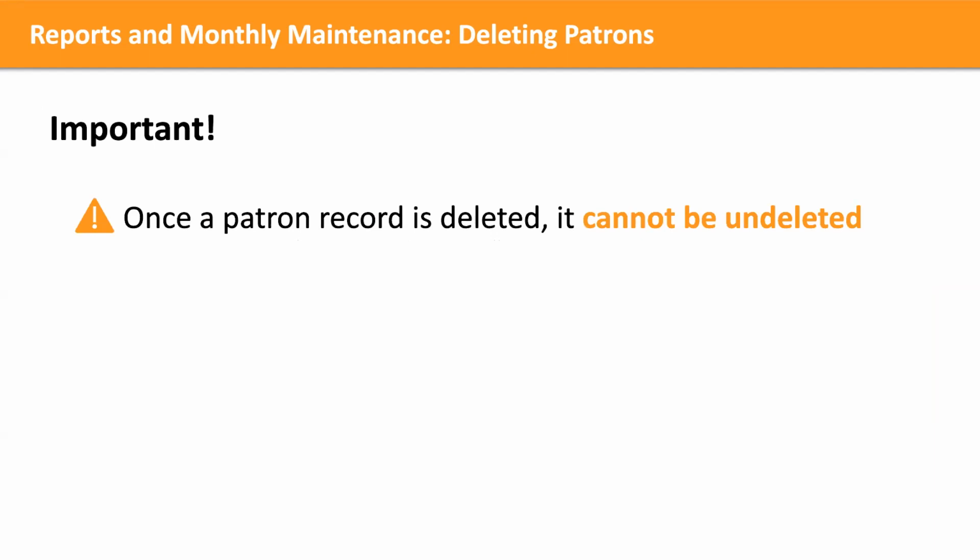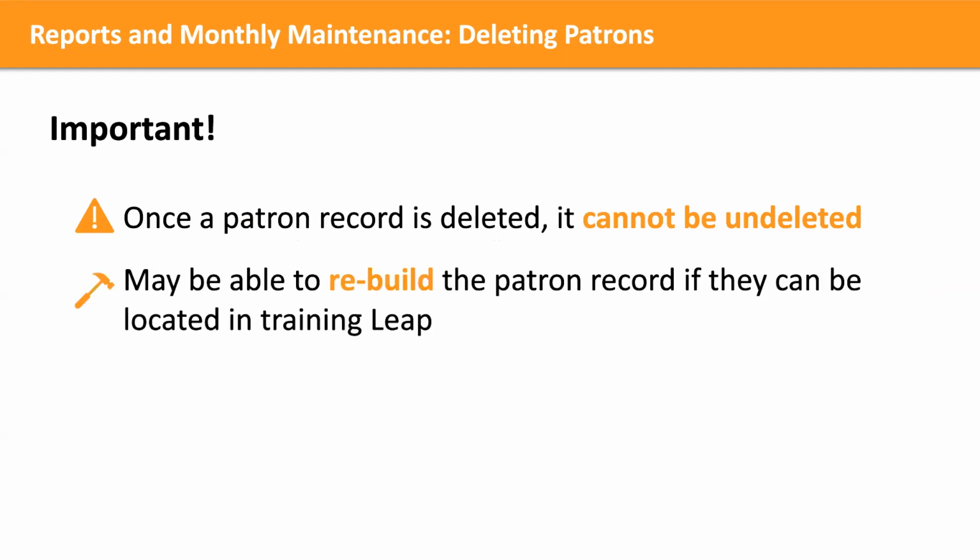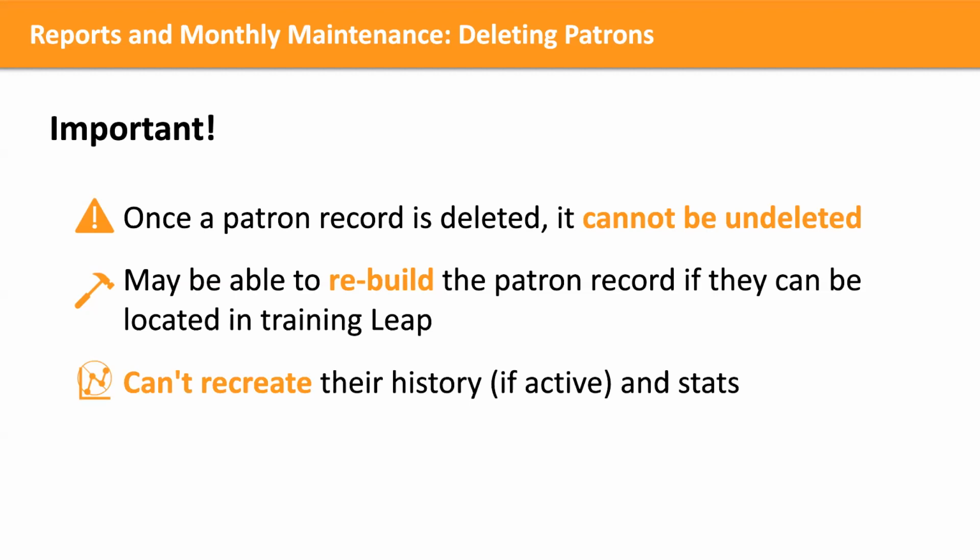We don't have that same undelete option that we do with other record types like items or bibs or record sets. Once a patron is deleted, we can't bring it back. Now, we may be able to rebuild the information in the patron registration fields if that patron can be located in our training database. But once it's deleted, we still lose things like the patron history and statistics. So it goes without saying, but be very careful when manually deleting.